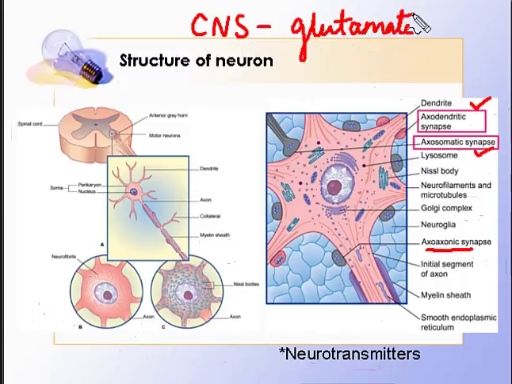And the commonest inhibitory neurotransmitter is known as GABA, which is gamma aminobutyric acid. So this is excitatory and this is inhibitory.